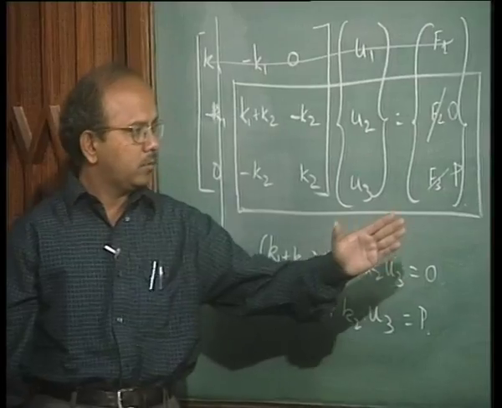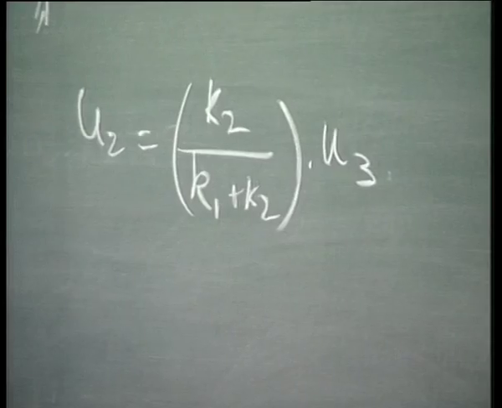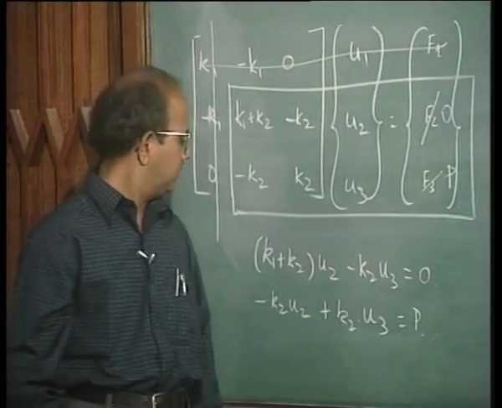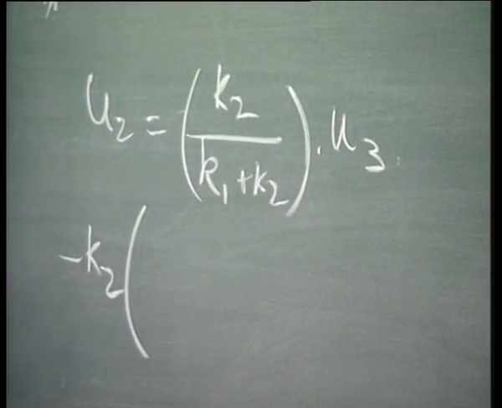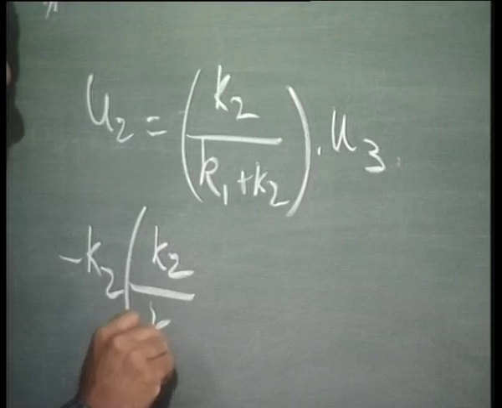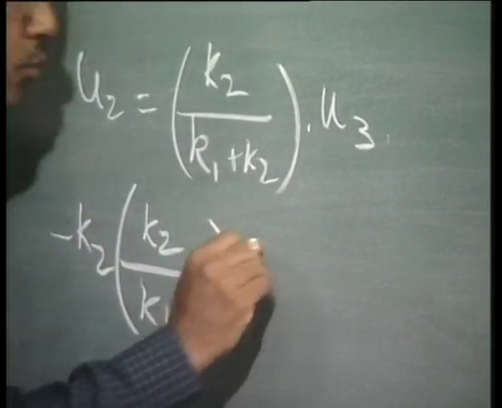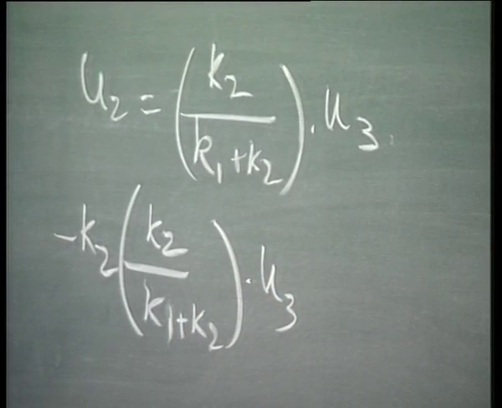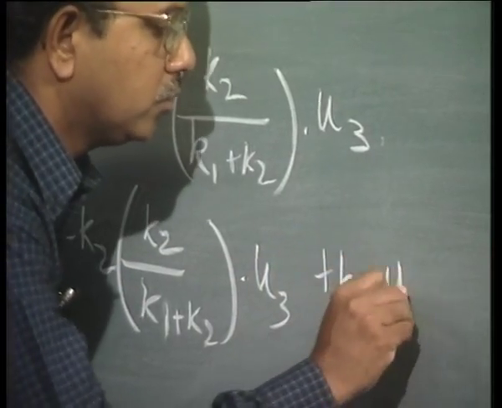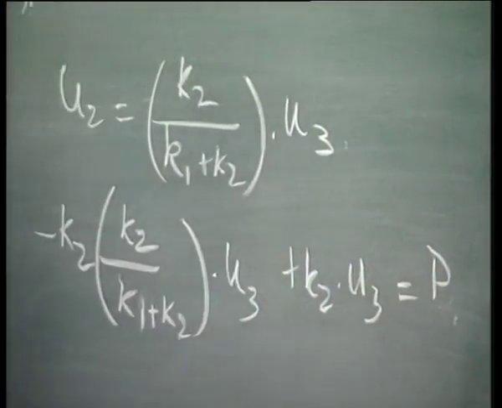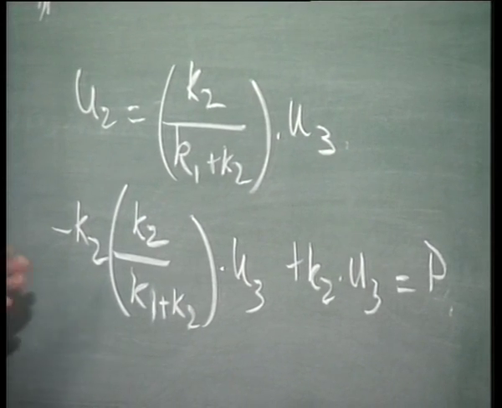Now we substitute this value for u2 in the second equation and write it as minus k2 into k2 by (k1 plus k2) into u3 plus k2 into u3 is equal to P. Is that clear?